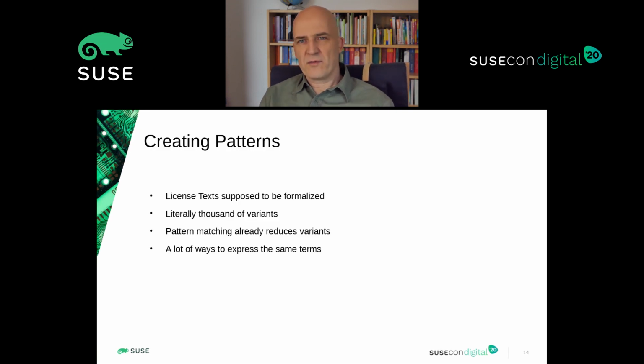But there are very often problems where we need to create additional patterns. The reason is that the license texts that specify the open source license of a source file are supposed to be formalized. The GPL, for example, has a specific instruction on what text to add to your sources to mark them GPL, and MIT has a similar text that is supposed to be in front of a file.